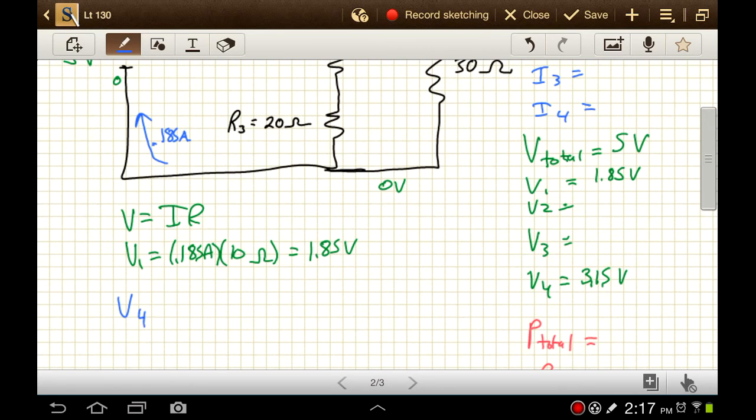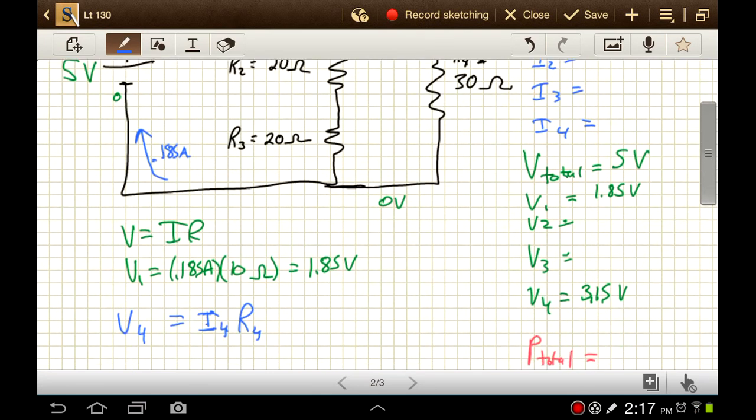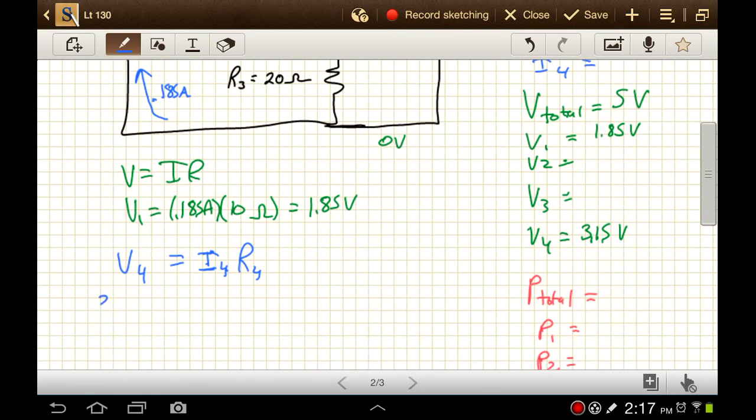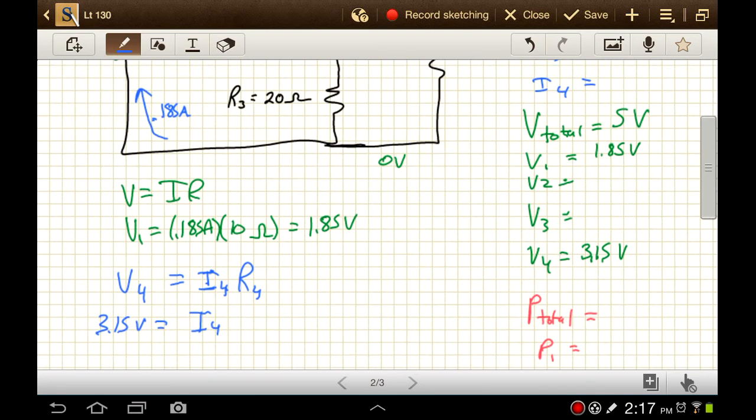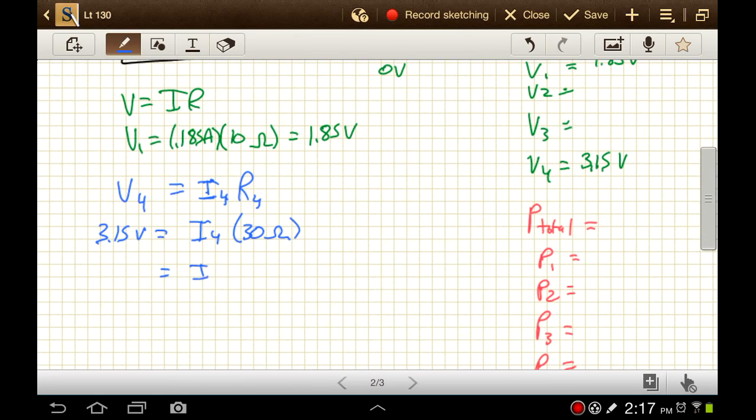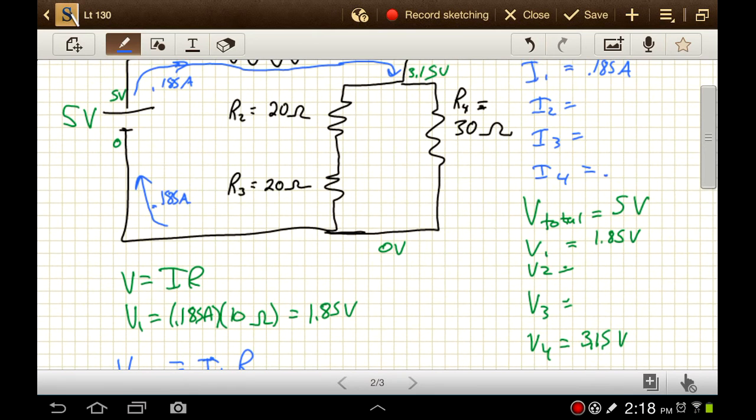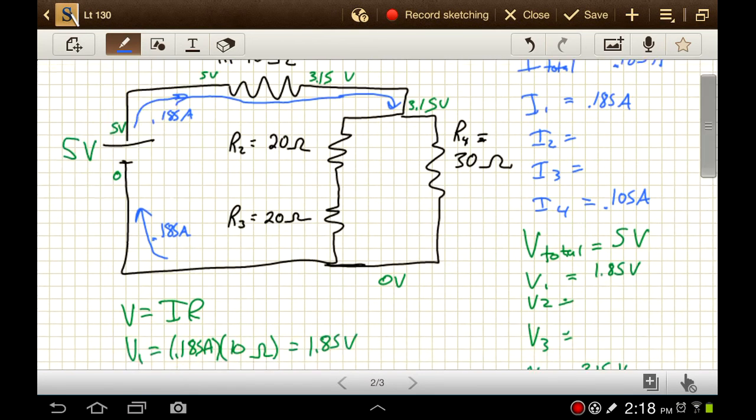So I4 times R4. And so we're looking for I4 here. We've got V4 is 3.15 volts is equal to I4 times the resistance, which is 30 ohms. Okay, and so I4 then has to be 3.15 divided by 30, gives us 0.105 amps. Okay, 0.105 amps going through this direction.